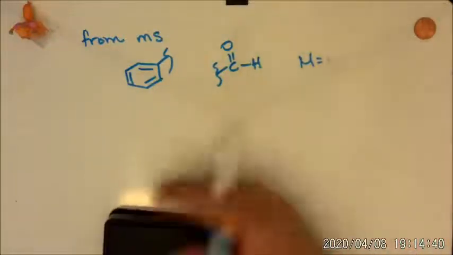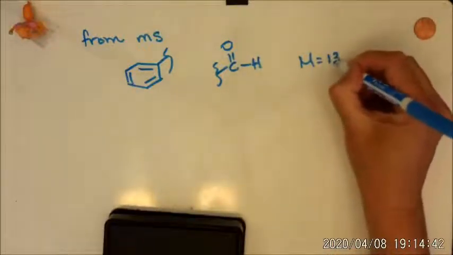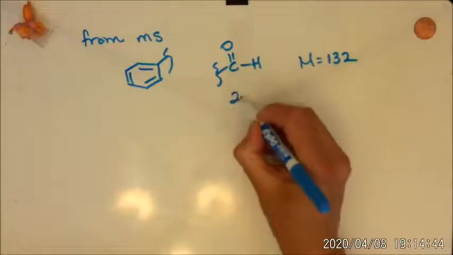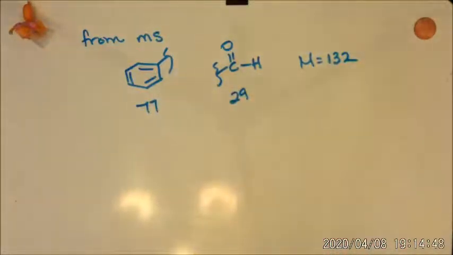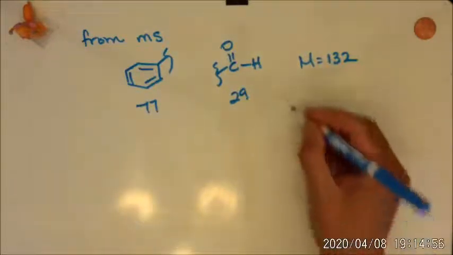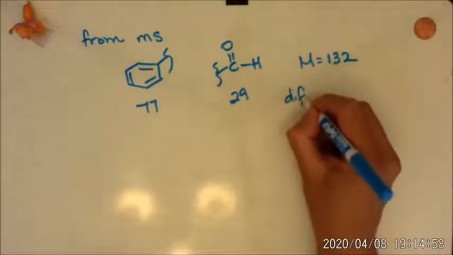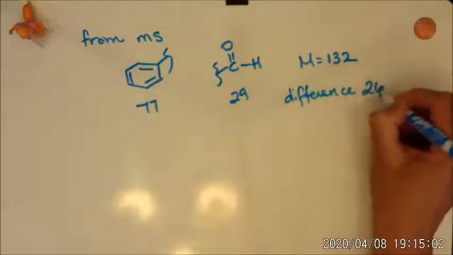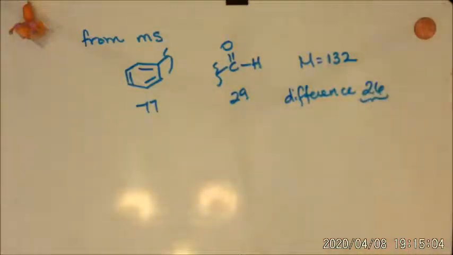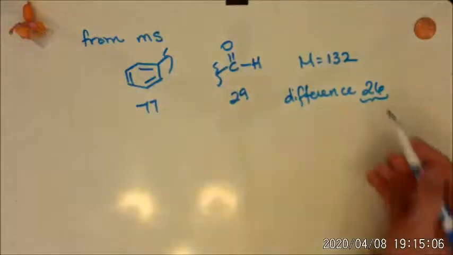Excuse me. This is 29. This is 77, which means that the difference is 26.